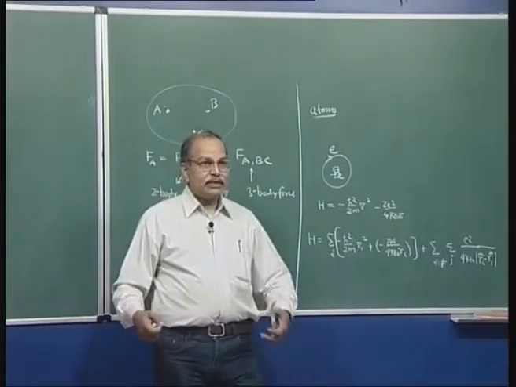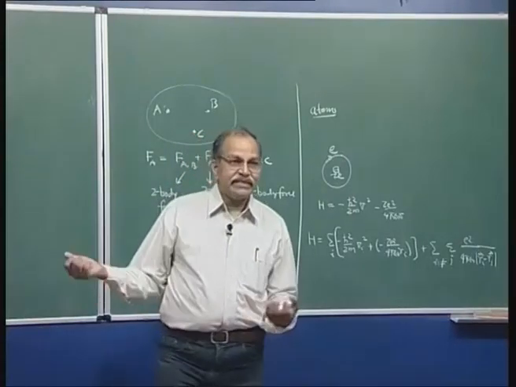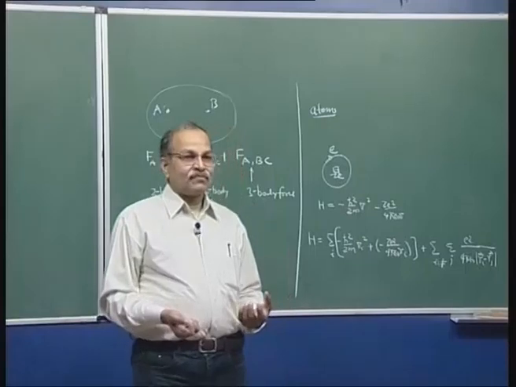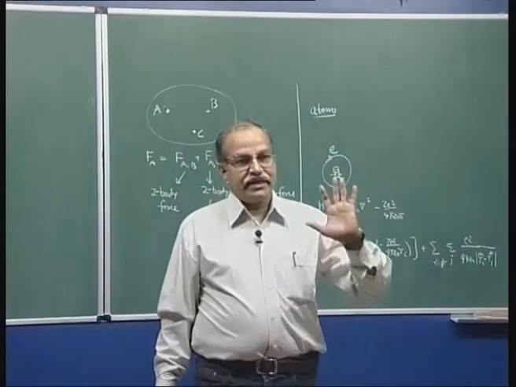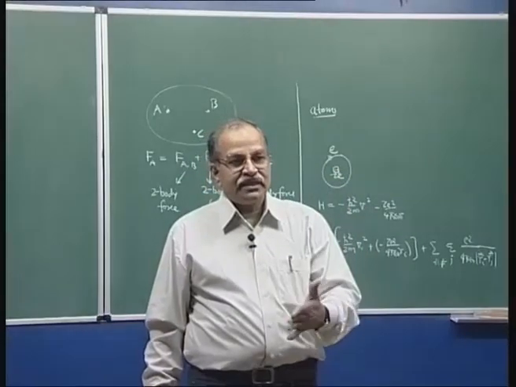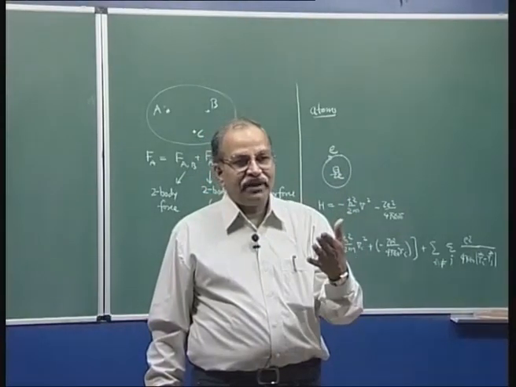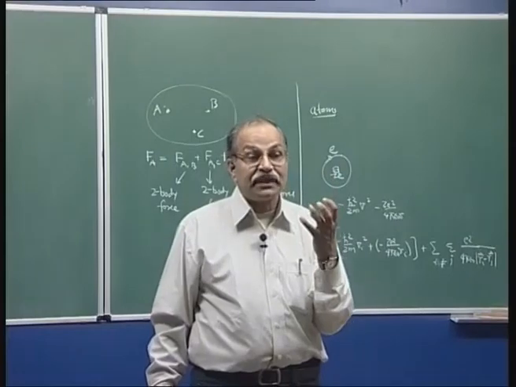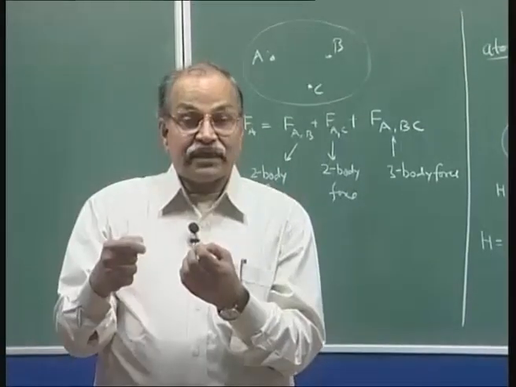So, how do atomic physicists deal with this situation? They say that this entire atom is producing some kind of an effective central potential for one electron.